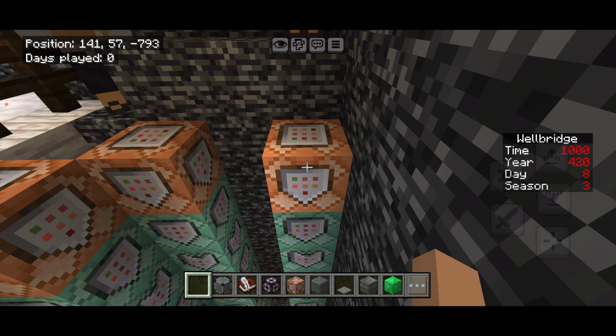So we'll have 9 total command blocks. And the first pair is going to be season 1, the second pair, season 2, and so on.